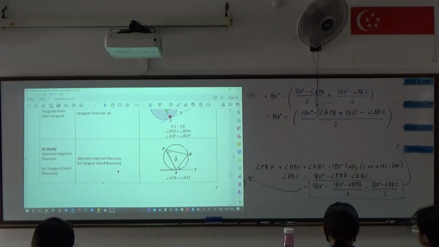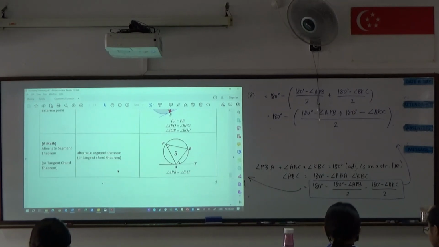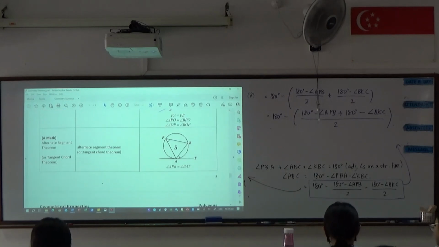For the abbreviation of the word alternate, you can write it as ALT dot, that's fine as well. Or you can write it in full, also okay. I usually write it in full, so that's why I wrote it like that. So what does it say?